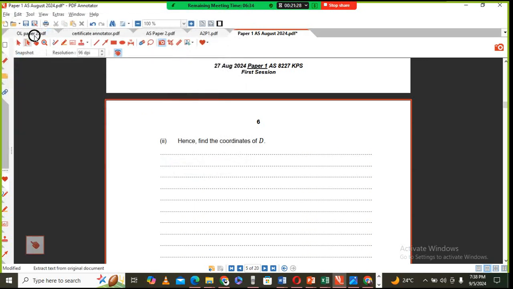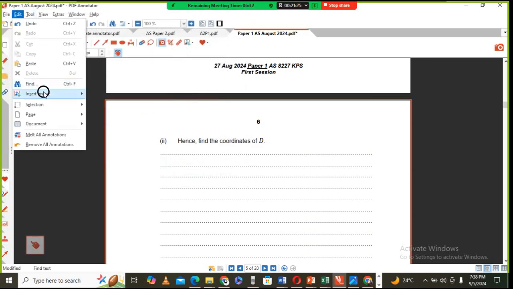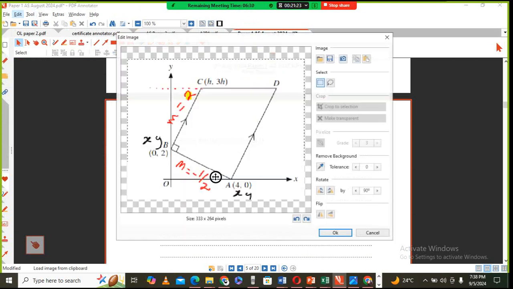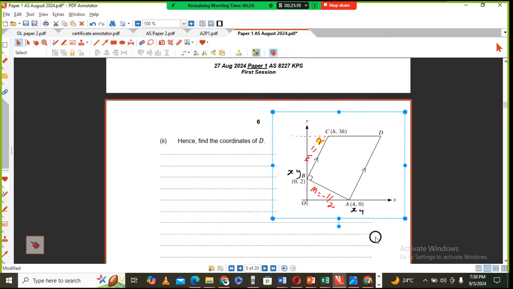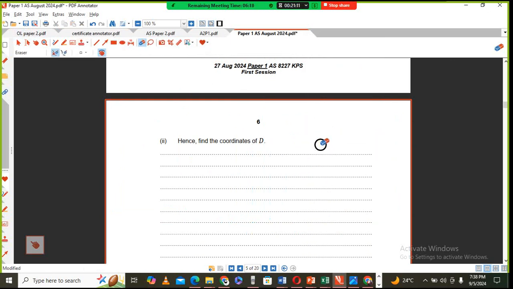I got it. Let's go insert image from clipboard. Okay. I just want to bring it back, né? Are you amazed? Very amazing. My goodness. Okay.